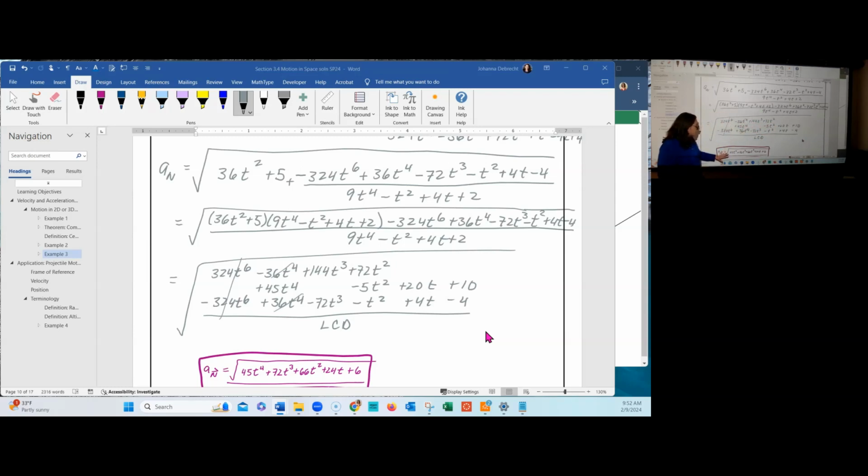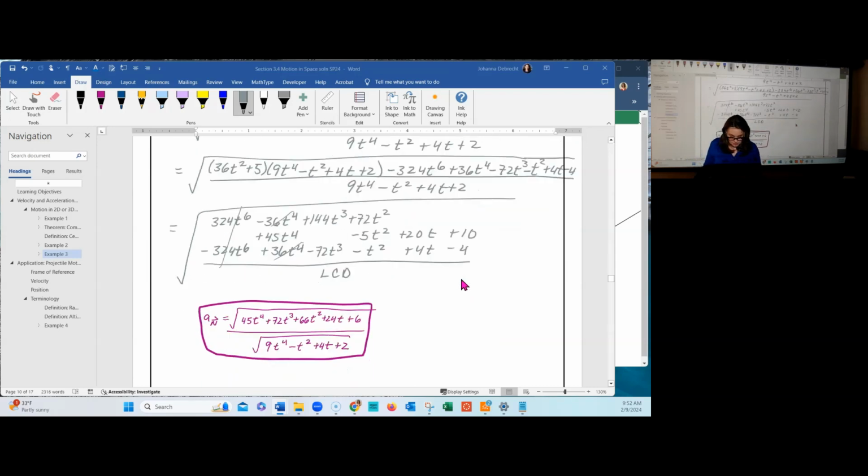My final result was the square root of 45 multiplied by t to the fourth power plus 72 multiplied by t to the third power plus 66 multiplied by t squared plus 24 multiplied by t plus 6, all divided by the square root of the 9t to the fourth power minus t squared plus 4t plus 2. Again, that being the velocity, speed, magnitude of velocity.